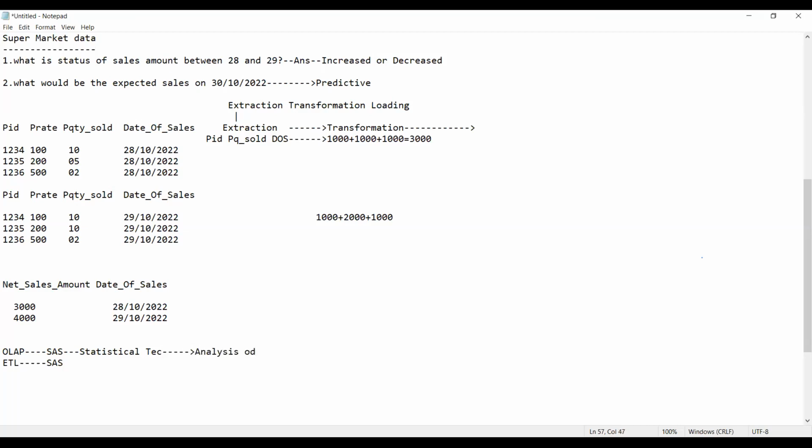Analysis of variance is also called ANOVA.